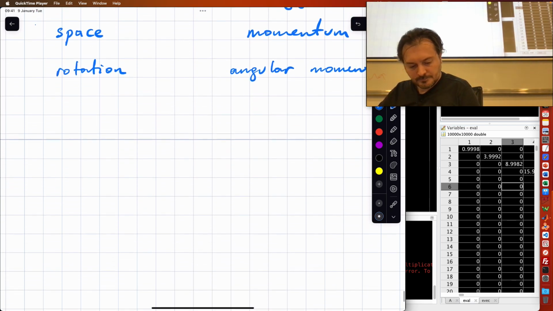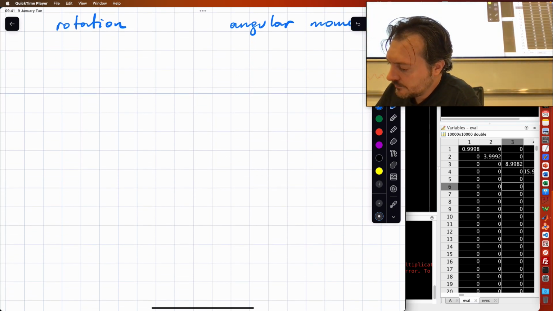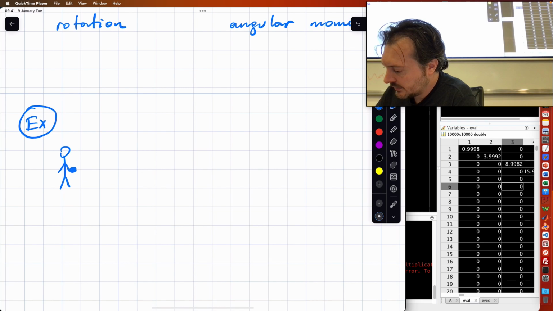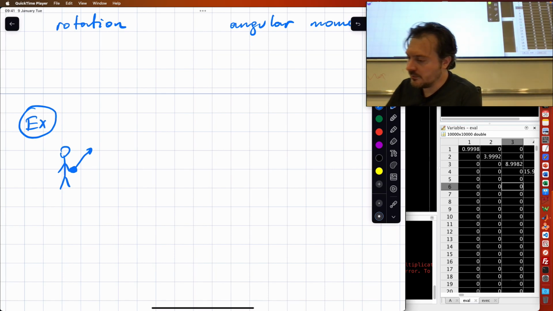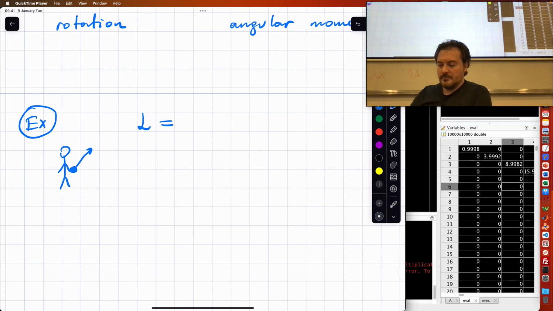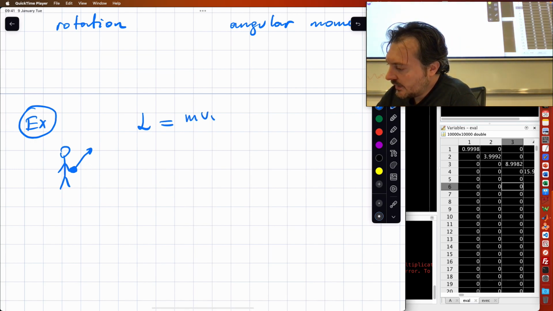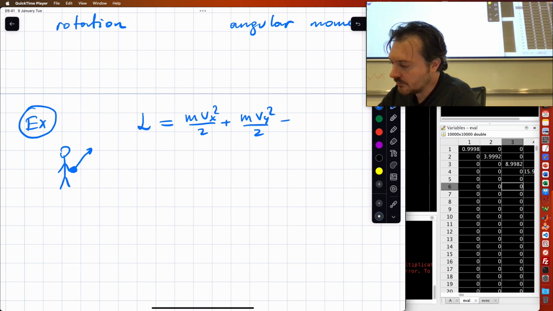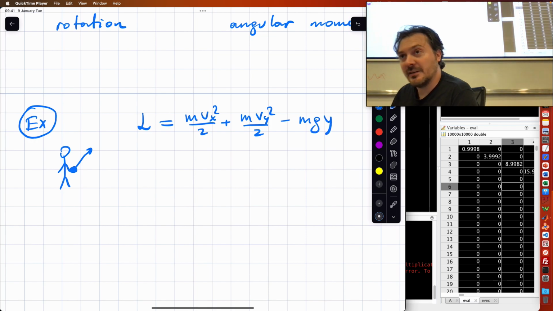All right. So let me give an example. This person has a ball and it's going to be thrown like this. So what is the Lagrangian of this system? mvx squared over 2 plus mvy squared over 2 minus mgy, because it's minus the potential energy.